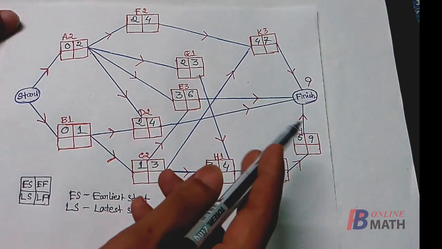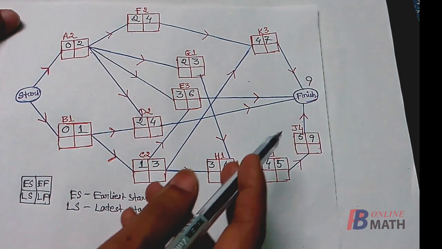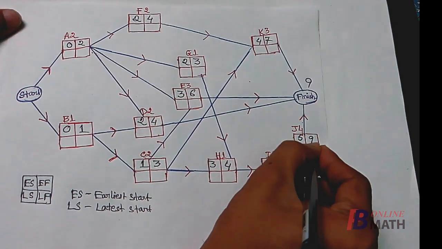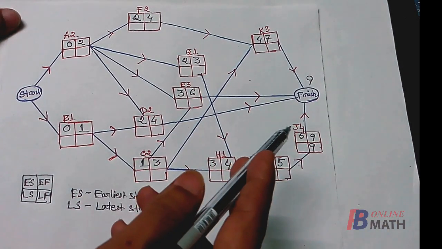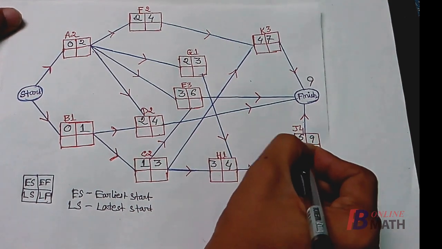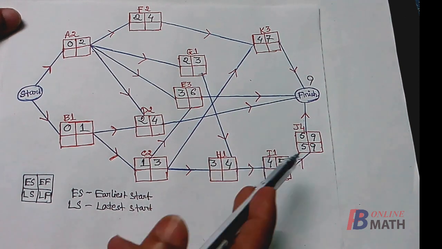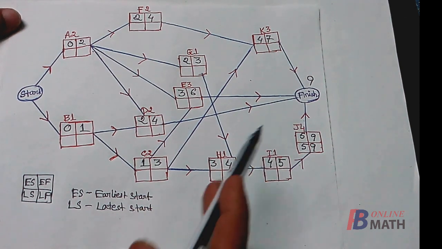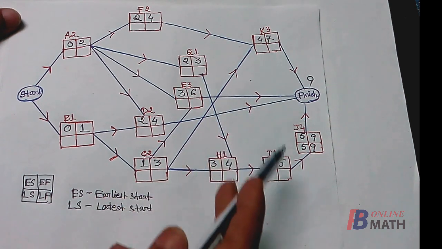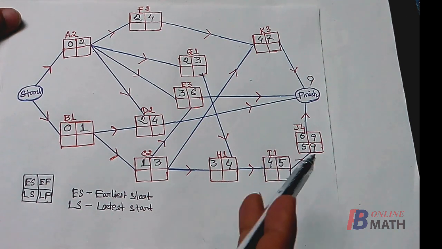That is 9 weeks, and 9 is the earliest finish time of the activity J. So the latest finish time of the activity J should be 9 weeks, and the activity J requires 4 weeks, so the latest start time of the activity J is 5. So if we start the activity J after 5 weeks, then the minimum time required to complete the project should not be greater than 9. So this 5 and 9 are the latest start time and latest finish time of the activity J.